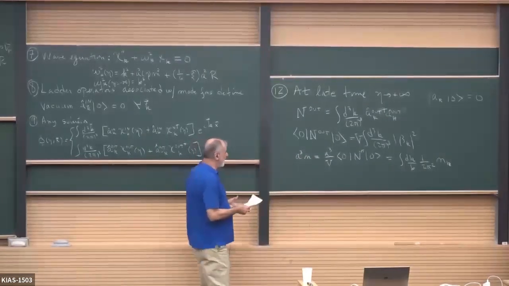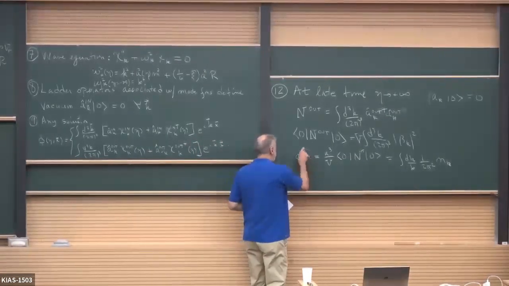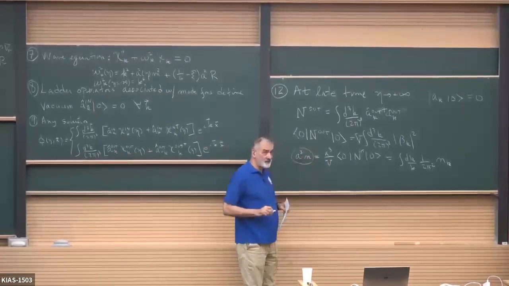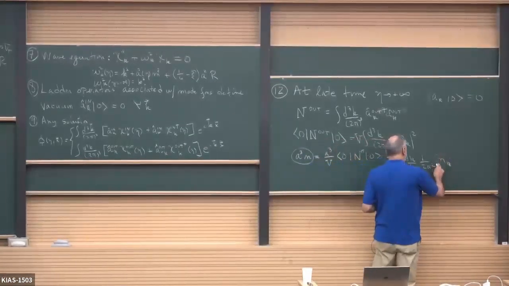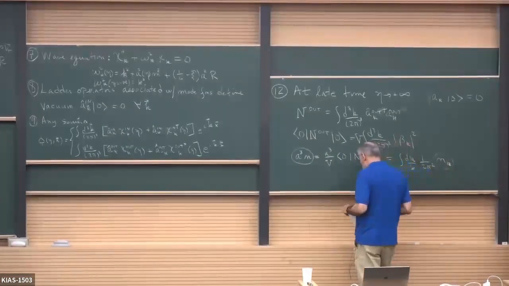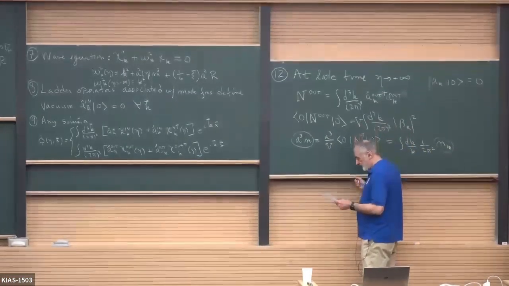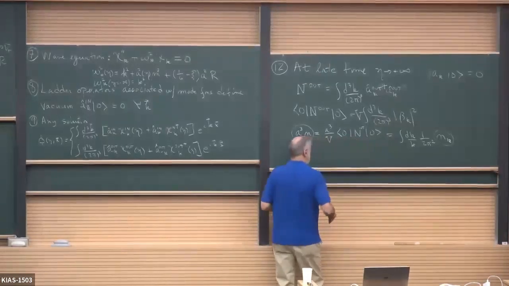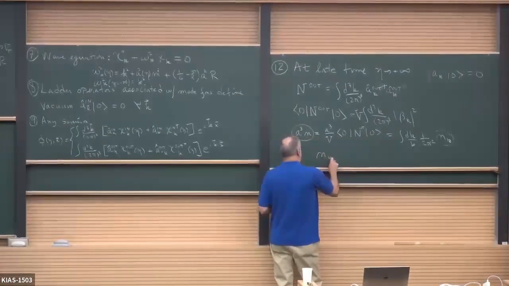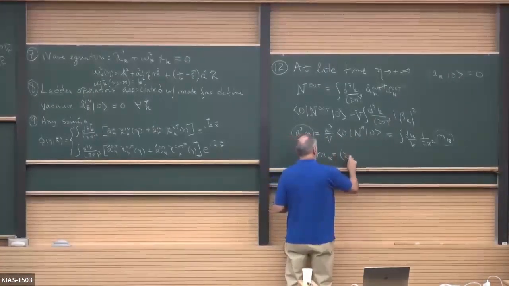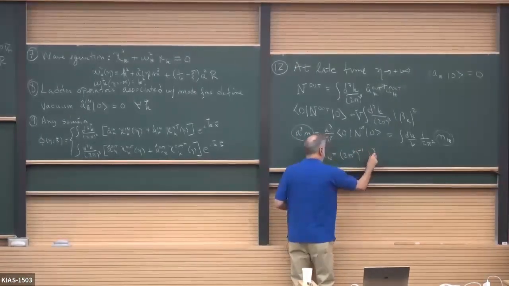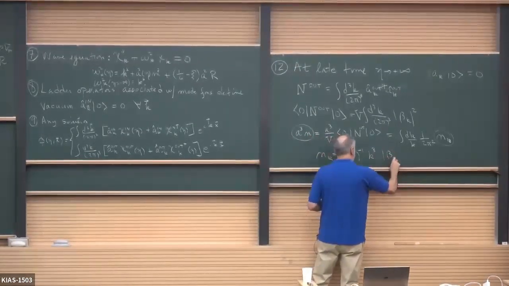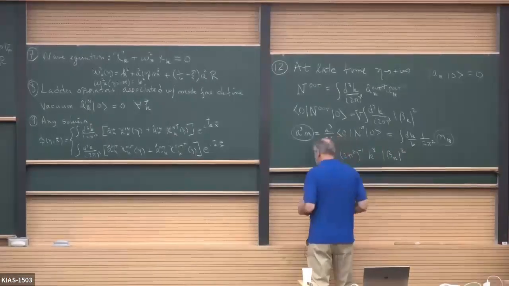So I'm defining an n. This is the co-moving number density. And this is the spectral density. So n sub k is 2 pi squared to the minus 1, k cubed times beta of k squared.